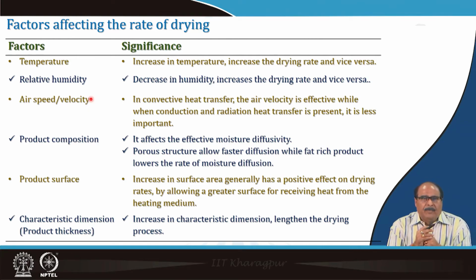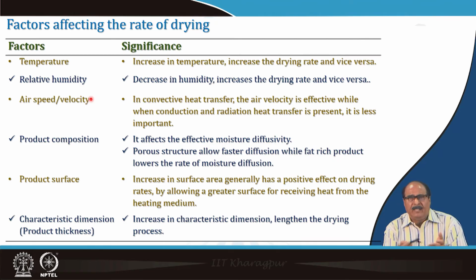Now, let us see the various factors which influence the rate of drying, like temperature. With an increase in temperature, the drying rate will increase, and vice versa. Similarly, a decrease in relative humidity will decrease the rate of drying, and vice versa. Air speed or velocity, product composition, product surface, and even characteristic dimensions of the product all influence the rate of drying.